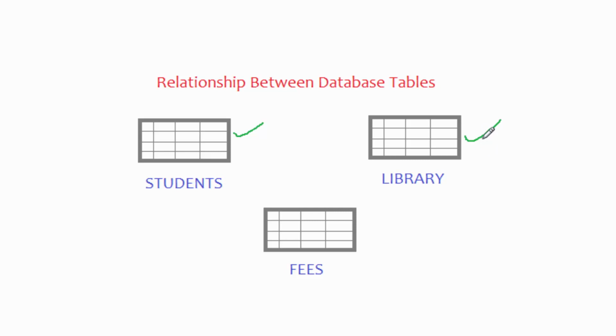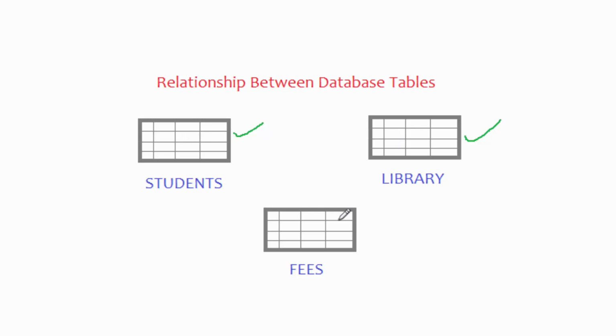What we will simply do is, in case a librarian will be wanting information related to a student's personal details like phone number of the parent, instead of him or her getting it from this library table, he or she can get it from students table, which already has the same information.